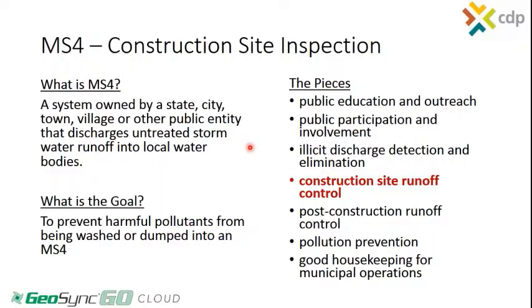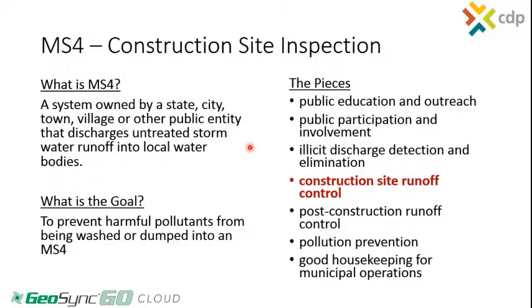There's a lot more involved with it than that. There are permits and all that stuff, but in general, that's what we're talking about: a stormwater system that's dumping stormwater or runoff into local streams, and we want to prevent pollutants. There are different sizes of MS4s, there's permits, all this, but basically that's what an MS4 is all about.